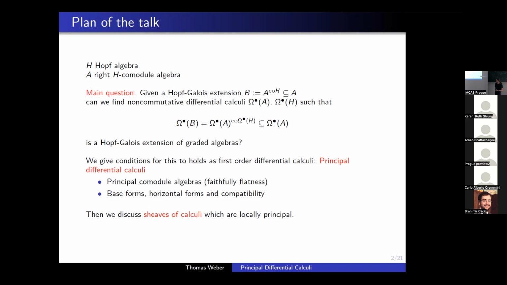Let me also mention that here is some kind of clash of names. So different groups have different names for similar things. So what we call quantum principal bundle is something different than what other people call it. So I will try to make it clear what the definitions are. And so let's dive into it.